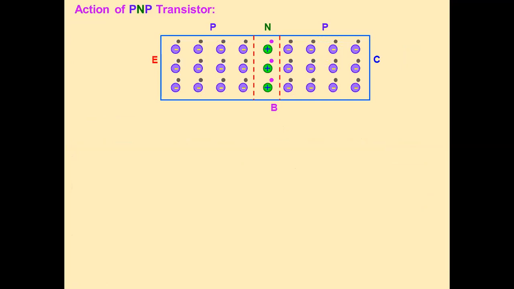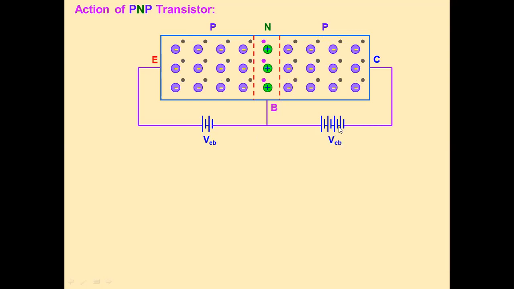Similarly, the second part, that is the action of PNP transistor. This PNP transistor has holes as majority carriers. So P region, then N region, and the P region, emitter terminal, base terminal, and the collector terminal. Two biasing voltages.